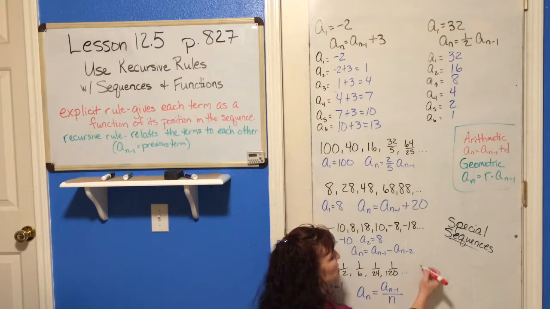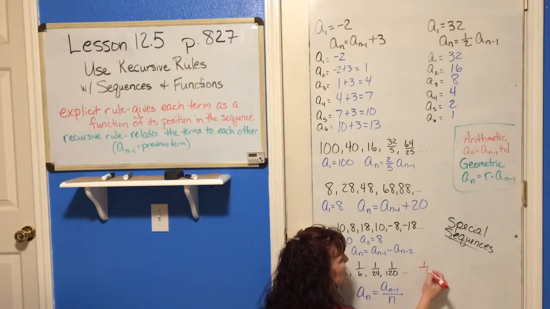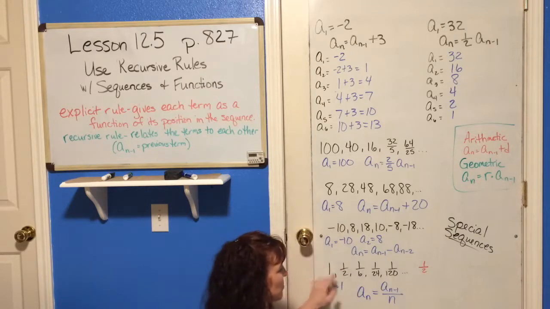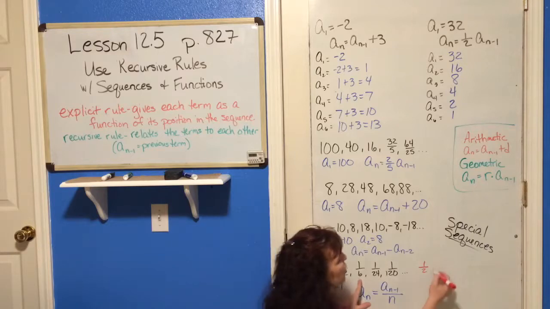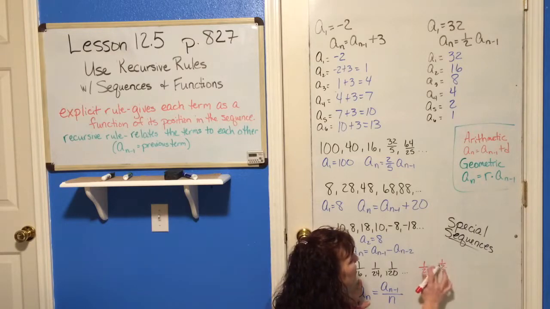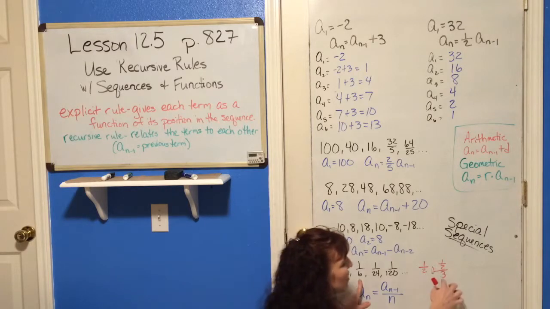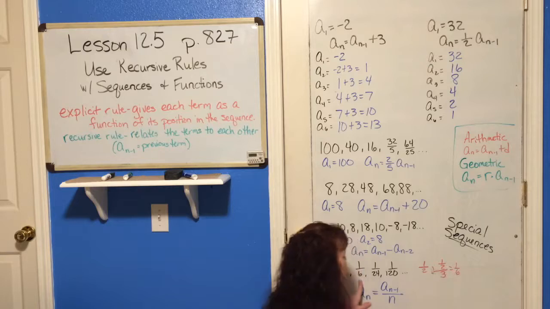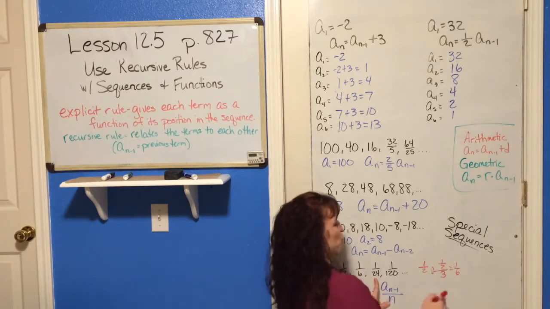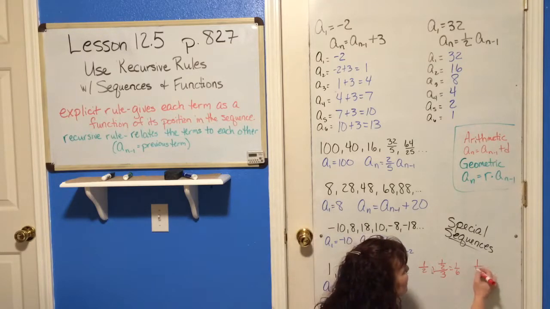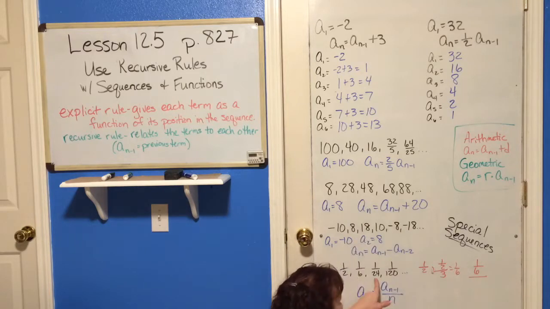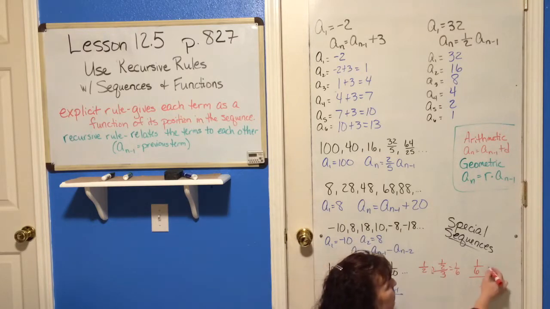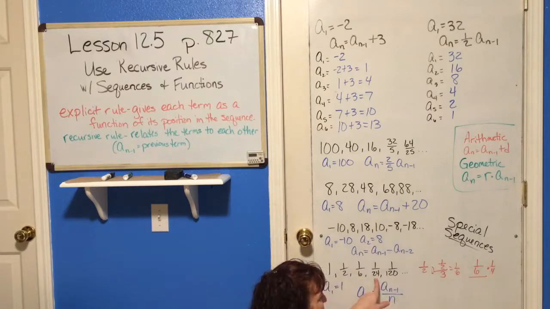So the second term is going to be 1 divided by 2, which is 1/2. The third term is going to be 1/2 divided by 3, and 1/2 divided by 3, you flip and multiply, would be 1/6. And then to get your fourth term, you would take the 1/6 divided by 4, or multiplied by 1/4, which is 1/24.